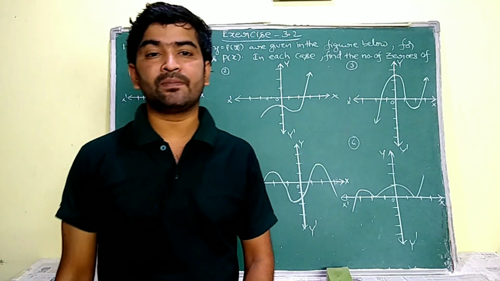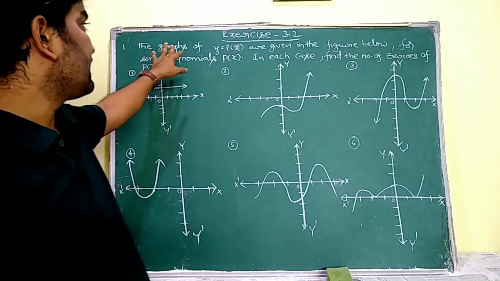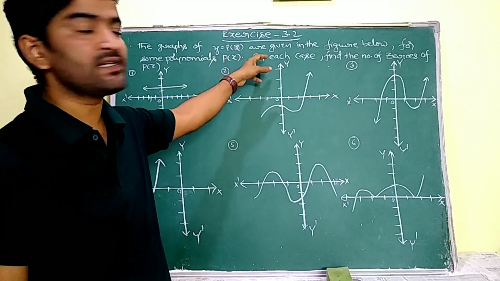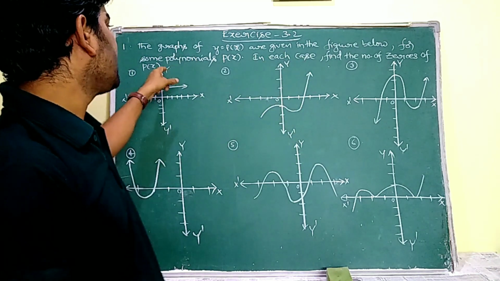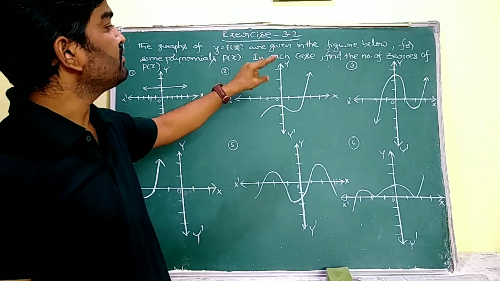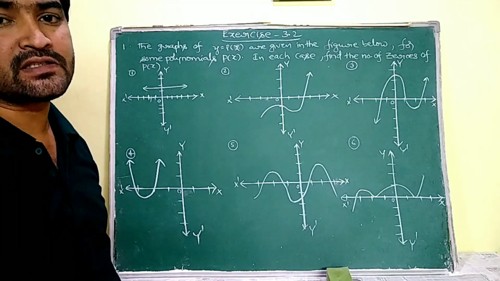Now we are going to discuss the problems of exercise 3.2. Here see the first one. The graphs of y is equal to p of x are given in the figure below for some polynomial p of x. Now in each case find the number of zeros of the polynomial p of x.